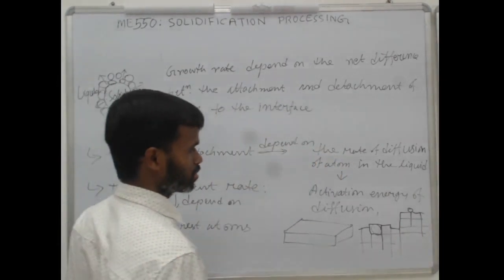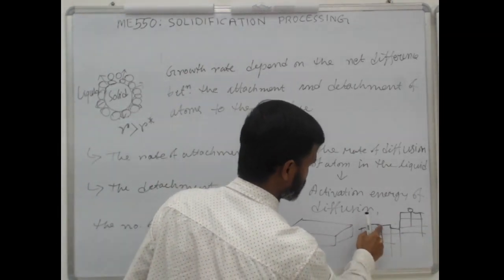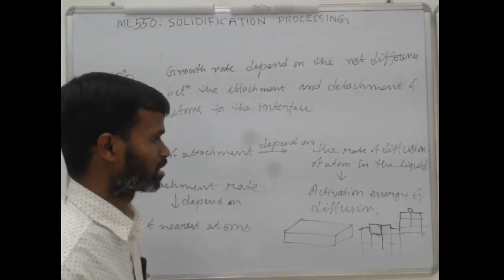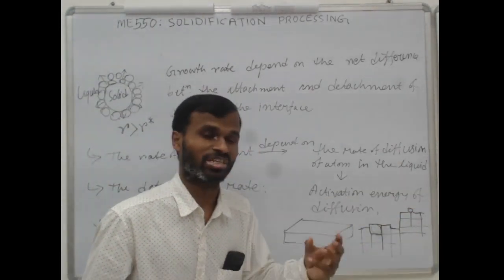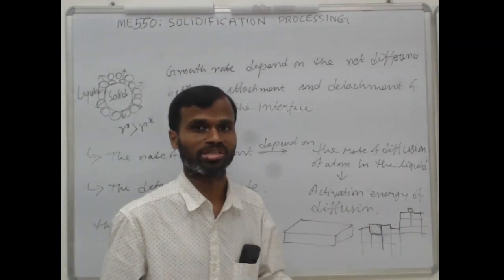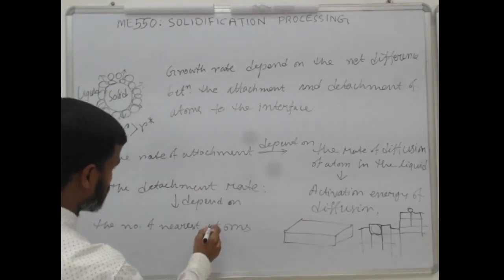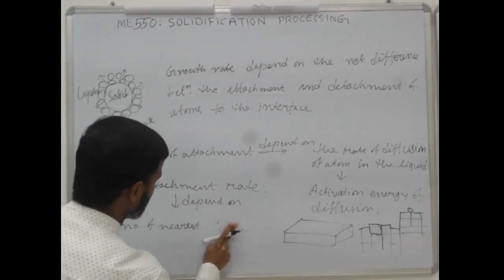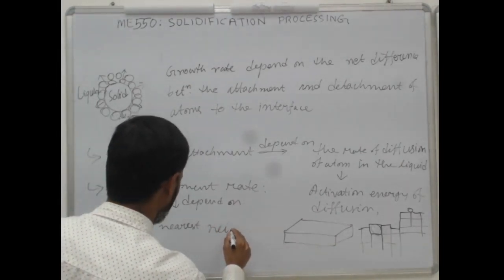So depending on the number of the nearest atoms that are available for this atom coming to the surface, the detachment will be limited by those nearest atoms. So this is called the number of nearest atoms, or you can say the number of nearest neighbors.